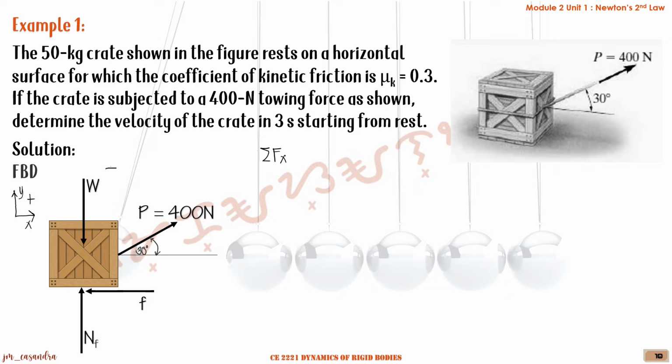Our motion is moving in this direction horizontally and it is accelerating. We now have the summation of Fx equal to the total mass times the acceleration along the x direction. To the right is positive.